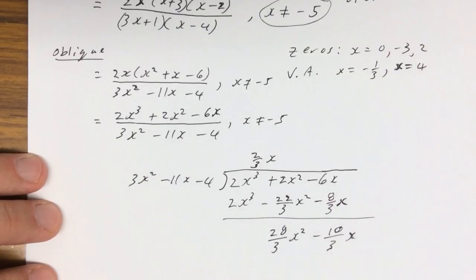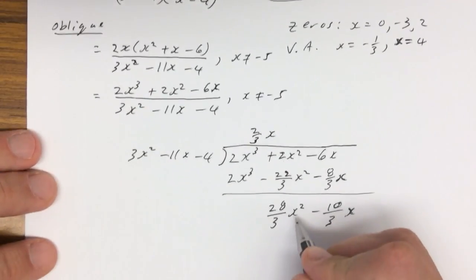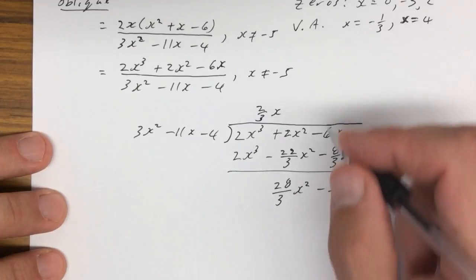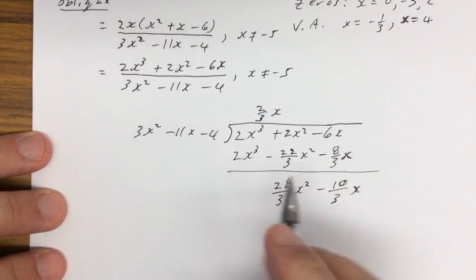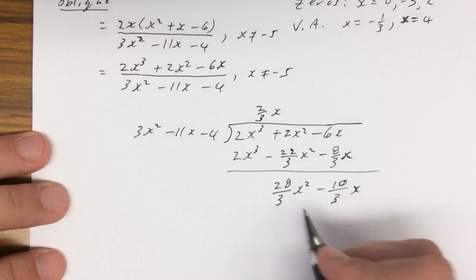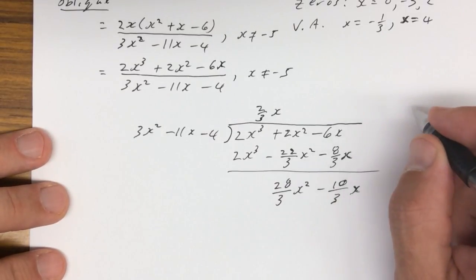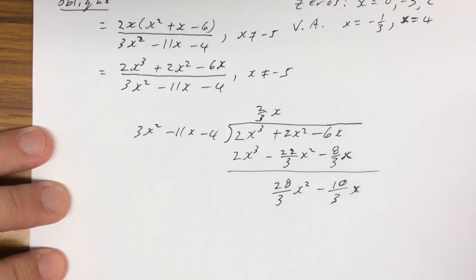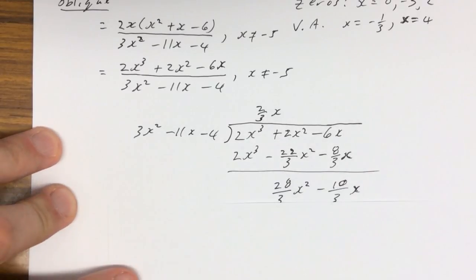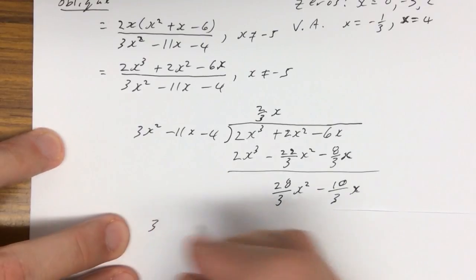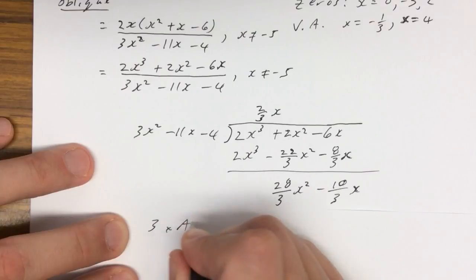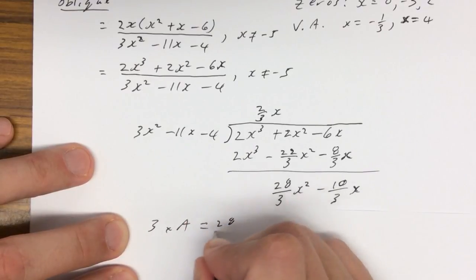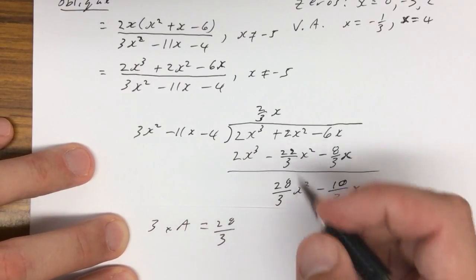So now what we've got to do is get rid of this 28 over 3 x squared. We're going to multiply 3x squared by what to get 28 over 3? Let's do this over here. 3 times what, let's call it an a, equals 28 over 3, right?